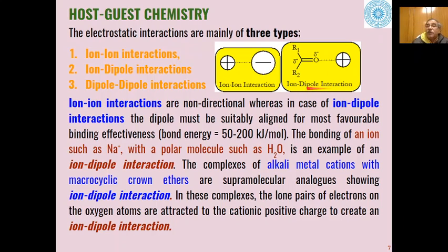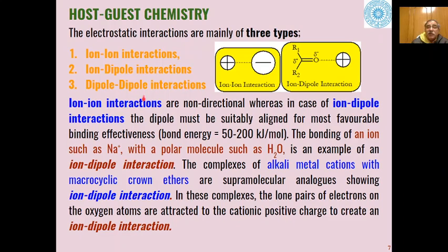So such type of interactions, they are called as ion dipole interaction. Then dipole dipole interaction is when two, say, carbonyl molecules, they interact with each other. If oxygen interacts with carbon of another molecule, that will be our dipole dipole interaction.